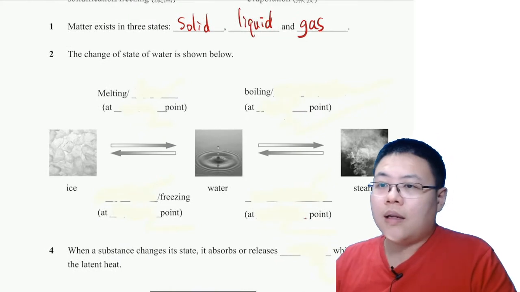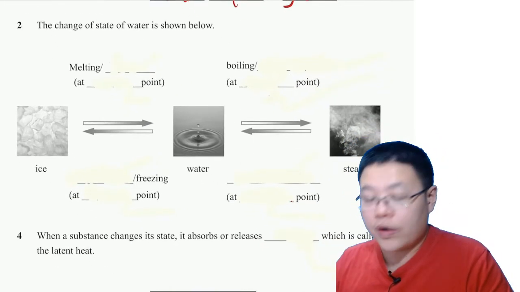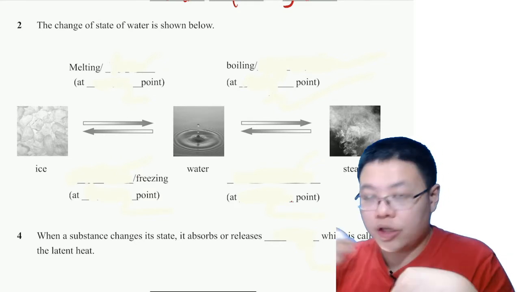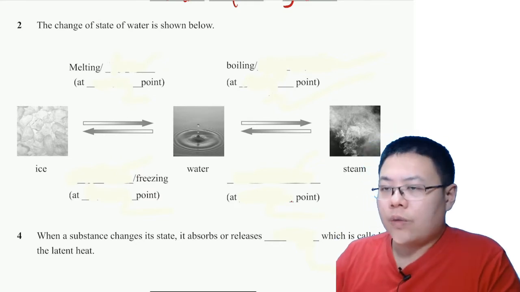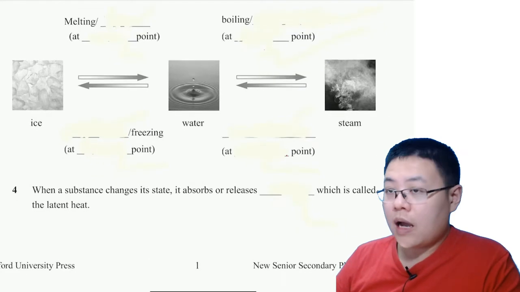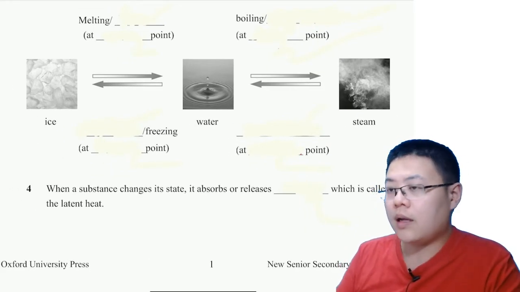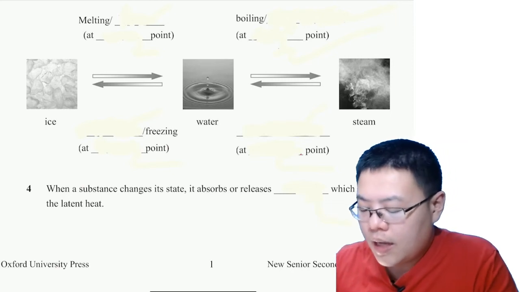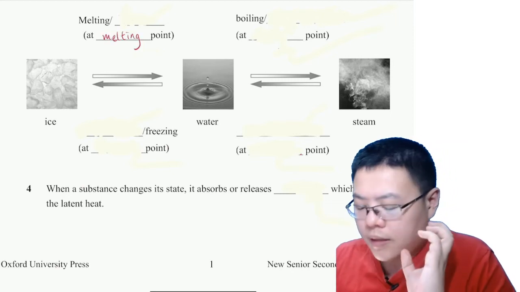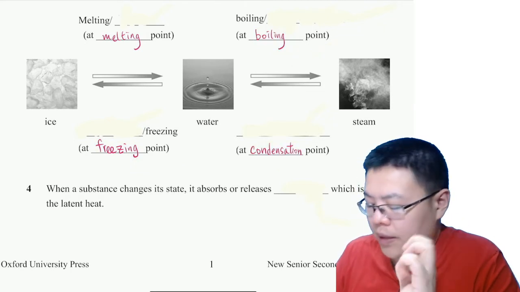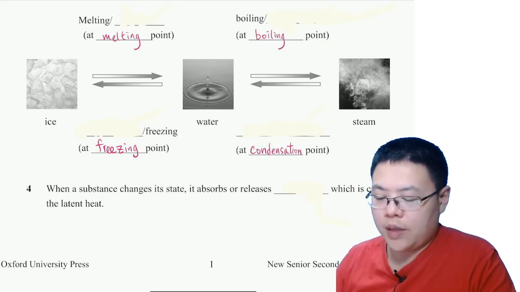And there are yet many vocabularies involving how to describe the change of state. So first of all, familiarize ourselves with the 3 states of water, which is ice, water, and steam. And the temperature at which the change of state happens, we are quite familiar.